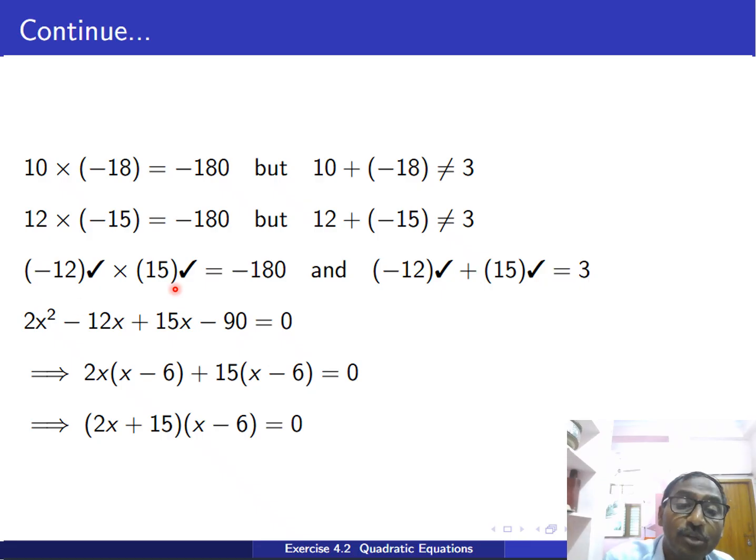So minus 12 times 15 gives minus 180, and minus 12 plus 15, we are getting 3. So 2x square minus 12x plus 15x minus 90 equal to 0. 2x times x minus 6 plus 15 times x minus 6 equal to 0. This implies 2x plus 15 times x minus 6 equal to 0.